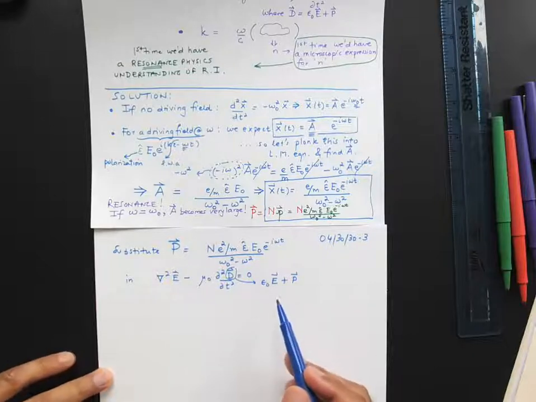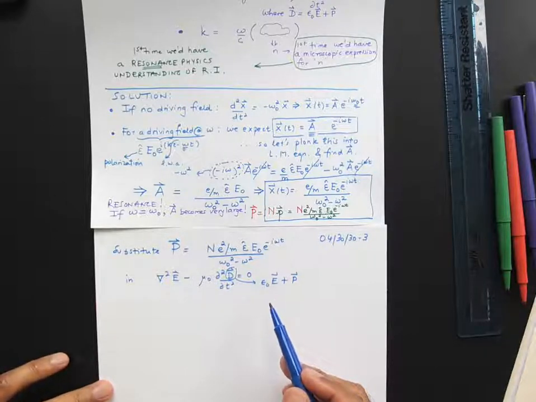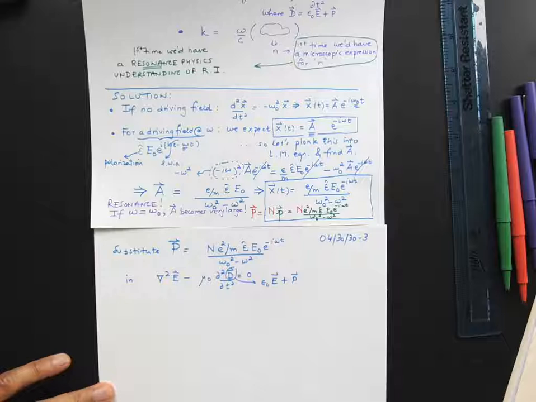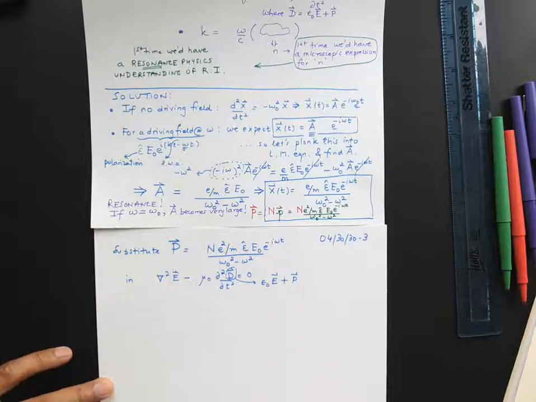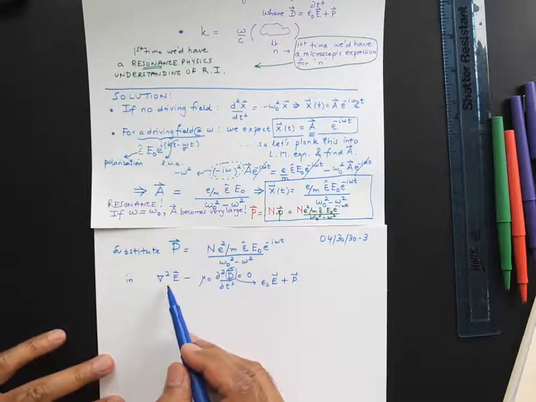So the double derivative with respect to space, with respect to time, and then, yeah, that's good. All right, so let's just do this calculation now. So the double derivative with respect to the electric field.